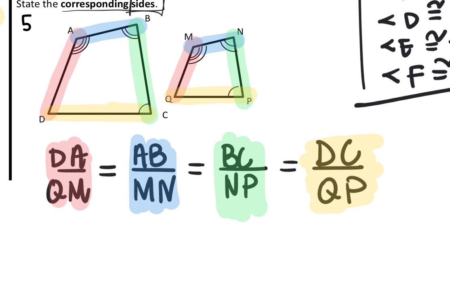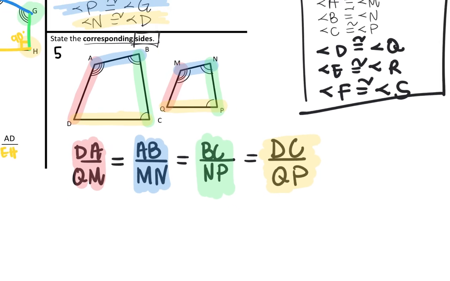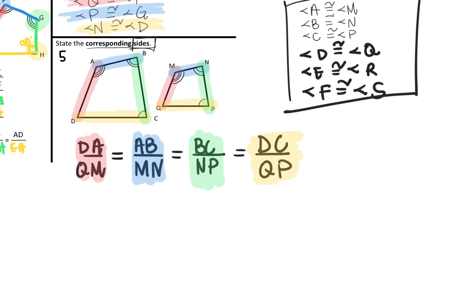Which means I have to go from Q to P in my other figure. And those are the corresponding sides. You do have homework, so you can keep practicing on your own and see what you need help with. You have homework in the computer today. Good luck and get started.